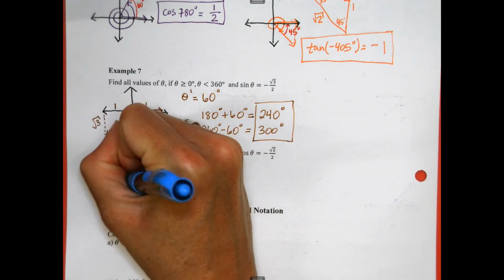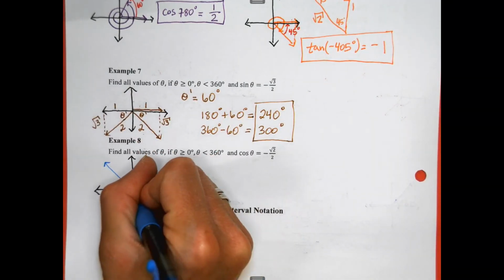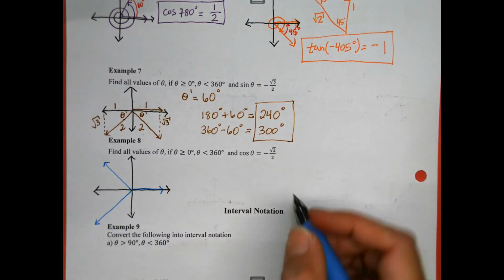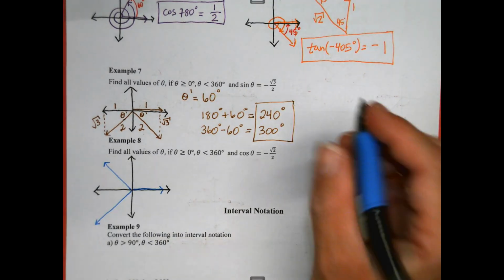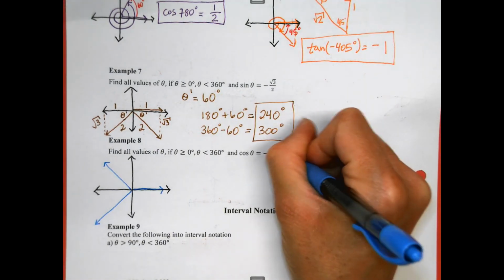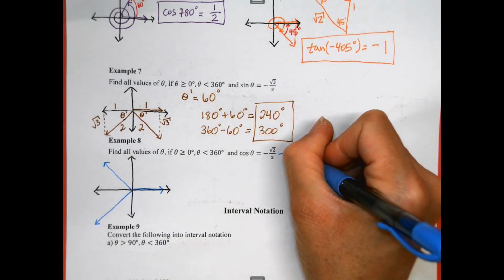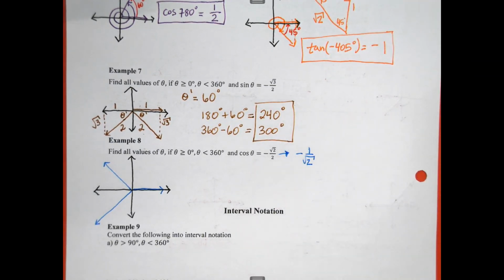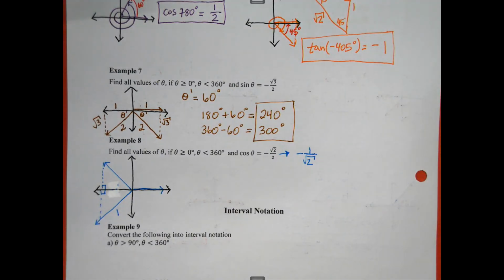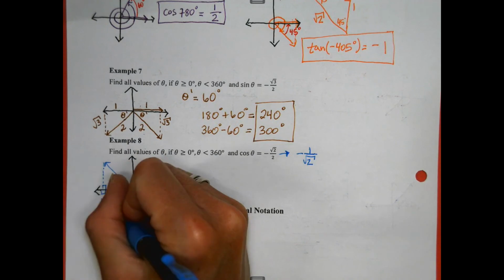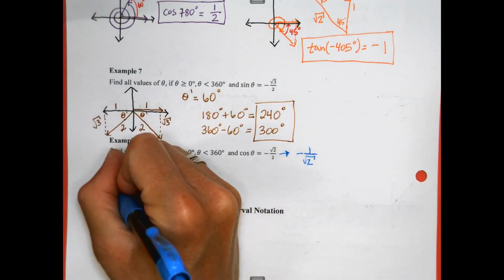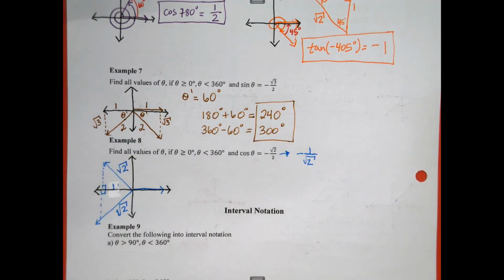So we know we're going to have an angle here in quadrant 2 and also an angle here in quadrant number 3. Remember that this is the same as negative 1 over the square root of 2. That's the unrationalized form. That tells us that our hypotenuse is going to be the square root of 2, and our side of our triangle is going to be 1.